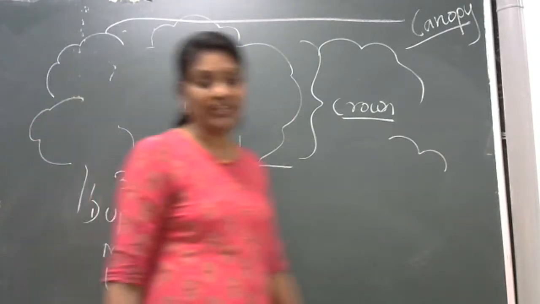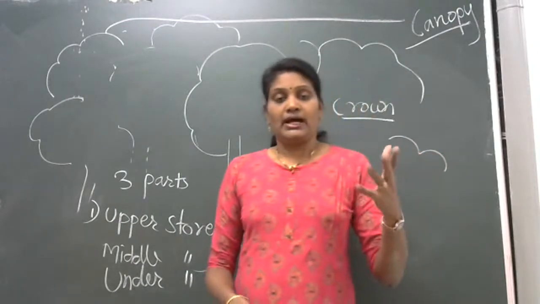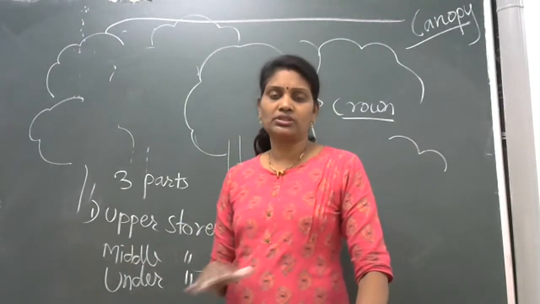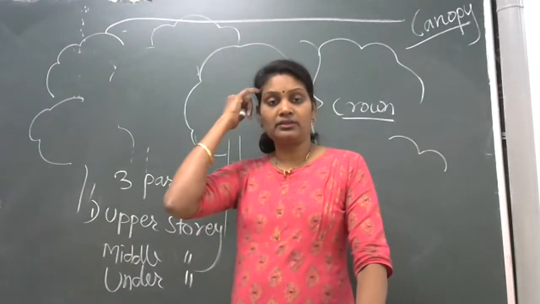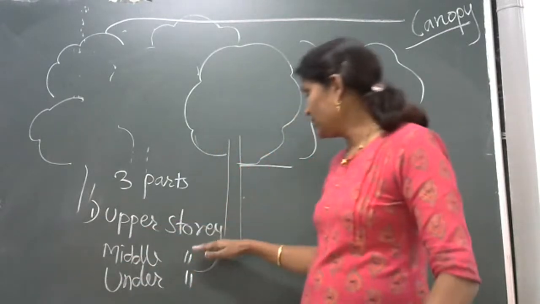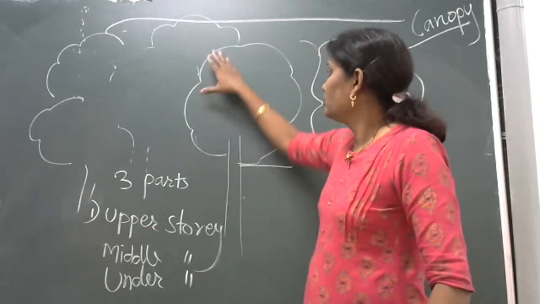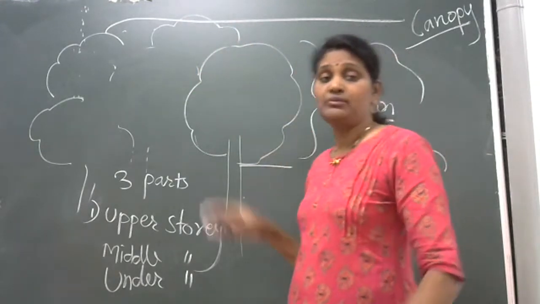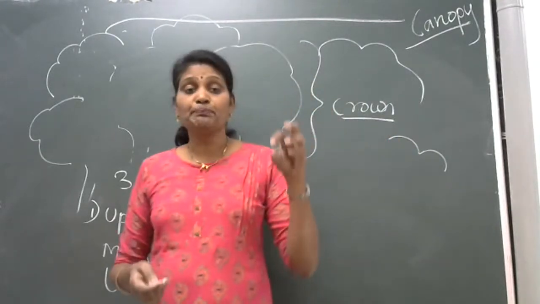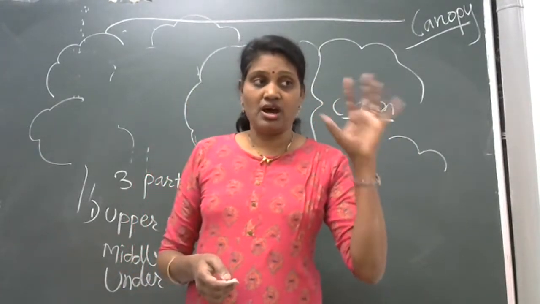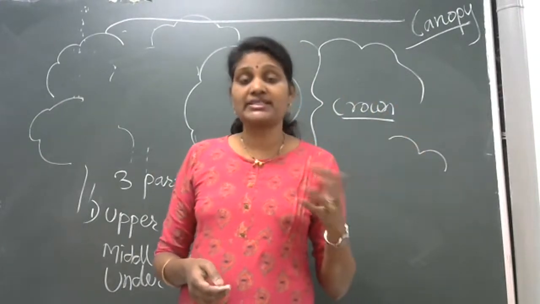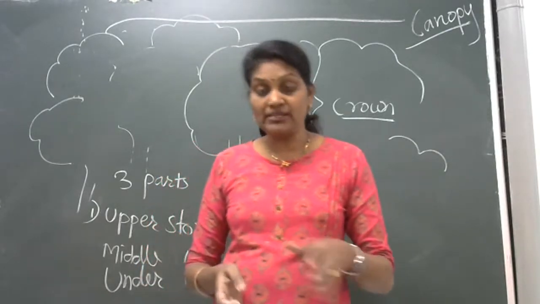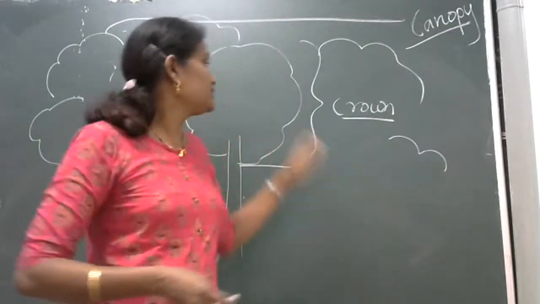Understory means on the land or on the ground, like the animals which are living on the ground. They come under the understory. Upper story means the birds and the arboreal animals, which live only on the trees, like birds, many monkeys, then a few kinds of small animals. They come under this category.